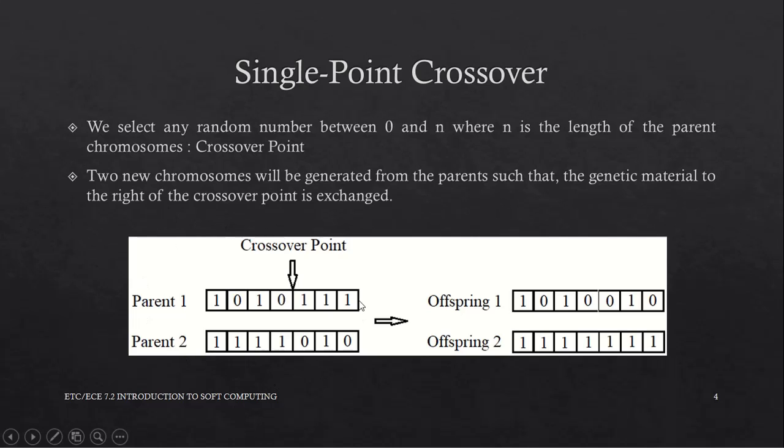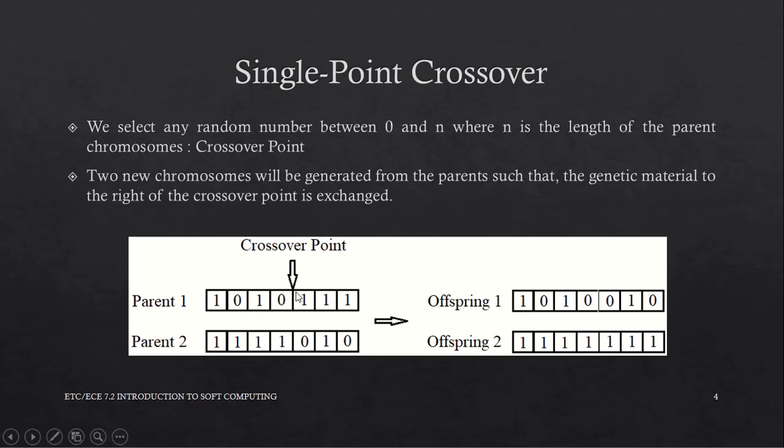Here we have two parent strings with the binary valued entries. The first parent is 1010111 and the second parent is 1111010. Let the crossover point be 3.